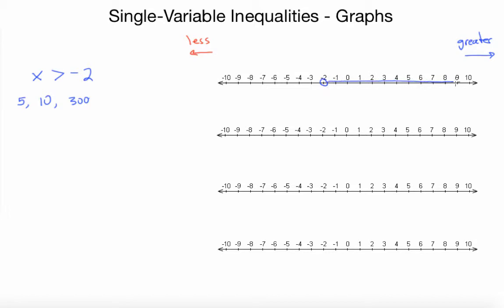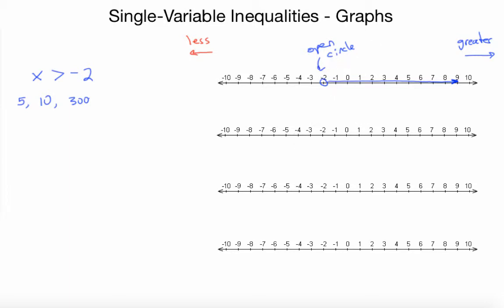And so we go to the right, we make a nice little arrow, so people can see that 5 is a solution, 3 is a solution, 0 is a solution, negative 1 is a solution, everything up to negative 2. But since it's an open circle, it doesn't count negative 2. Negative 2 is not a solution.